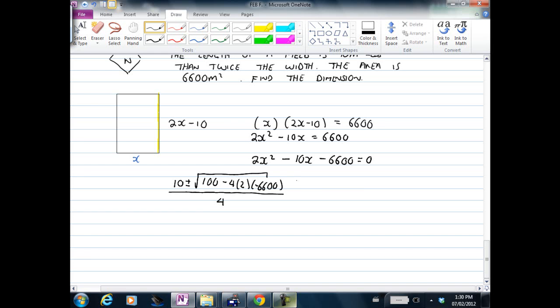And if you did this to save time, you can get 2 answers. You get x equals 60 and x equals negative 55.